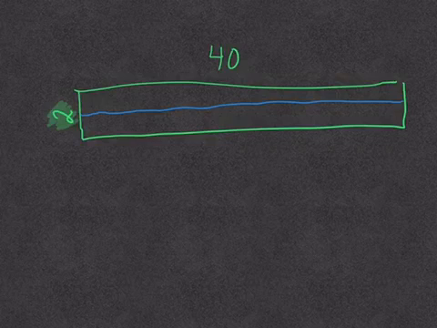Meaning that each one of these rows is actually equal to 1, because both of those together would equal our 2. So really this is saying now a 1 by 40.